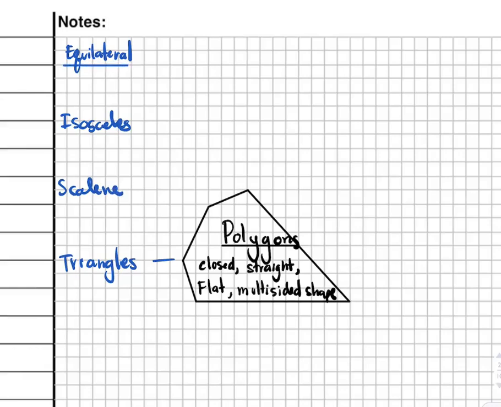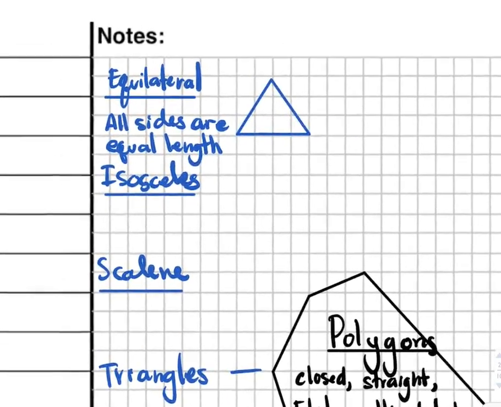We'll write an example, and then we will draw an example. Equilateral: all sides are equal length. Now my triangle might not be a perfect equilateral triangle, but I'm going to show you the markings that represent equilateral.